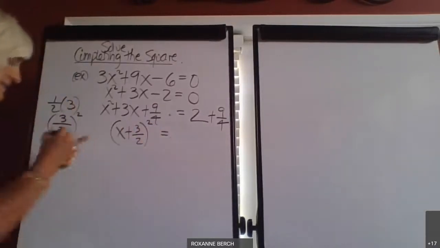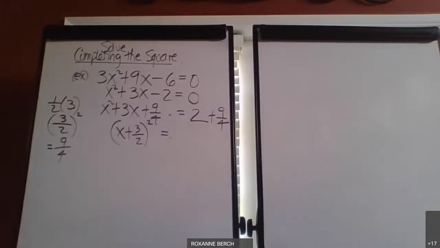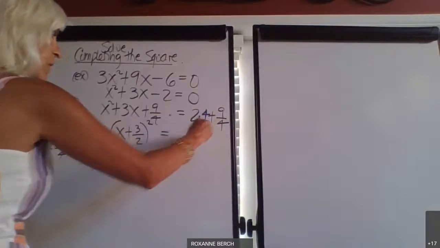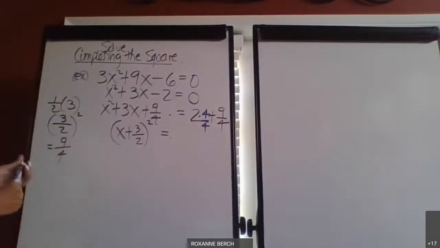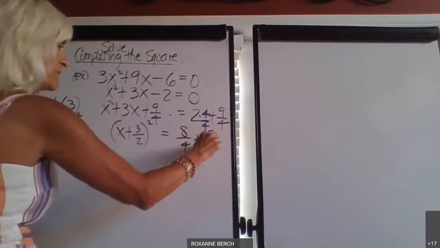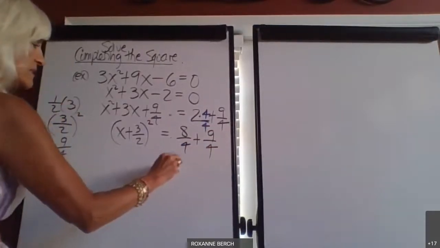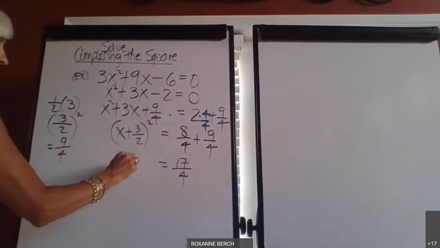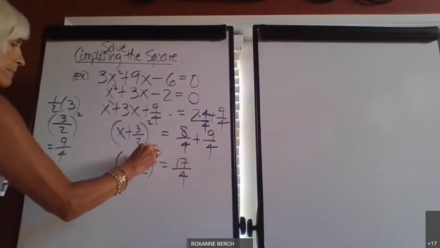So on the right side, you need a common denominator. So you're going to multiply by 4 over 4. And you get 8/4 plus 9/4 is 17/4. And this is x plus 3 halves, quantity squared.